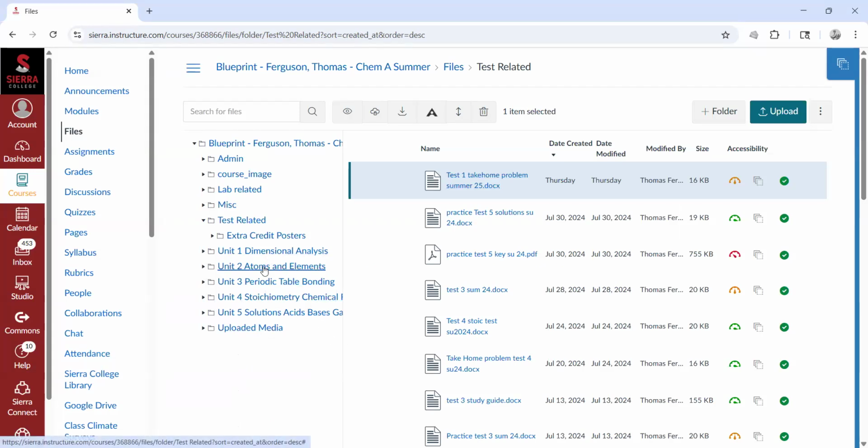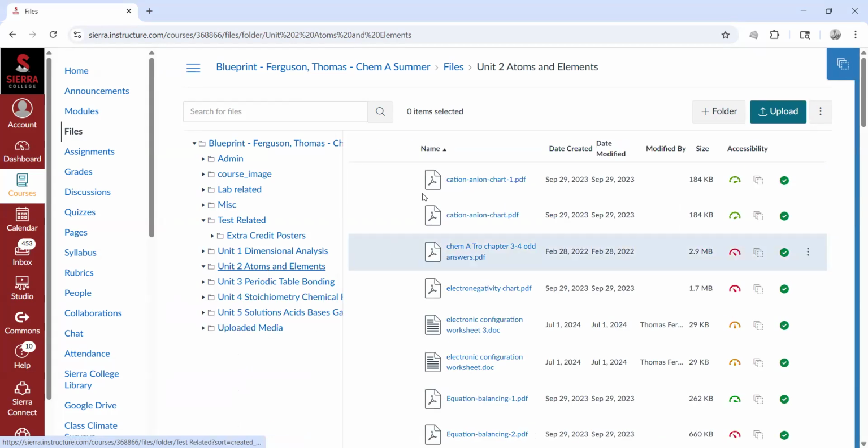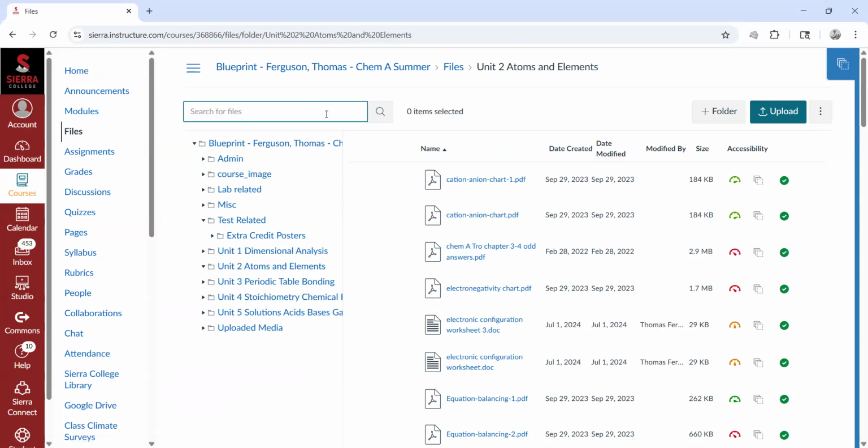If you go to Unit 2, Files, and history, spell it right.